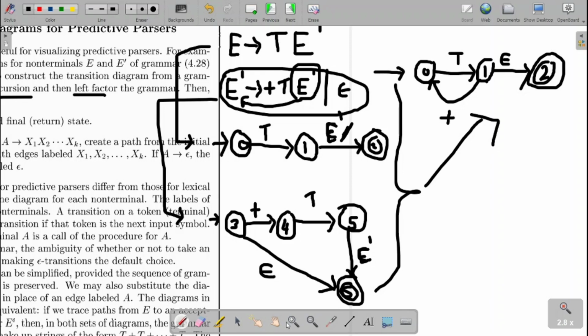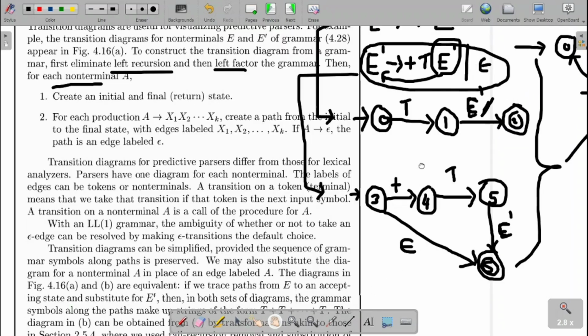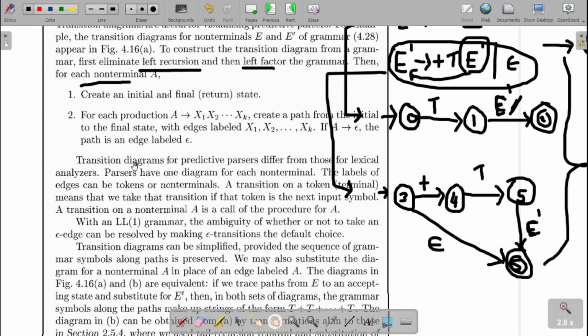Now let us go to the theoretical part. The transition diagrams for predictive parsers differ from those of lexical analyzers. Parsers have one diagram for each non-terminal: one for E, one for E dash, one for T, one for T dash. The labels of the edges can be tokens or non-terminals.